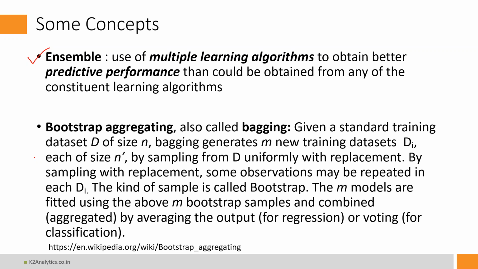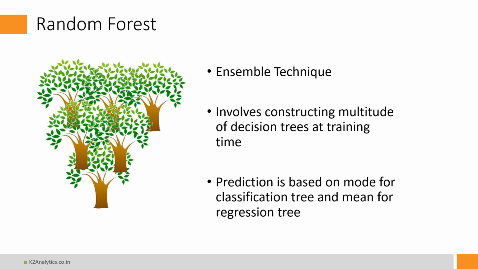One is bootstrap sampling, second is the aggregation of the outcome, and together bootstrap aggregation is termed as bagging. The random forest technique makes use of these two concepts of bootstrapping and aggregation of the outcome. That's why random forest is also called a bootstrap aggregation technique, that is, a bagging technique.